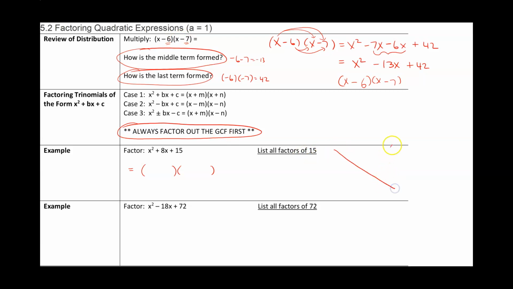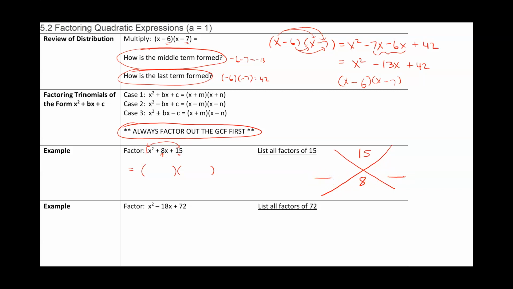So we're going to use something called the x factor. The way we're going to use it is we take the first term and the last term, the 1 and 15, and we multiply those. So 1 times 15 is 15. That goes on top. The middle term, which is the 8, is going to go on the bottom.